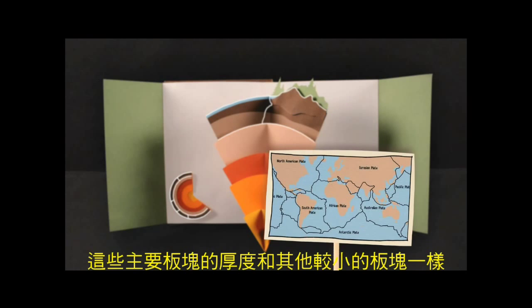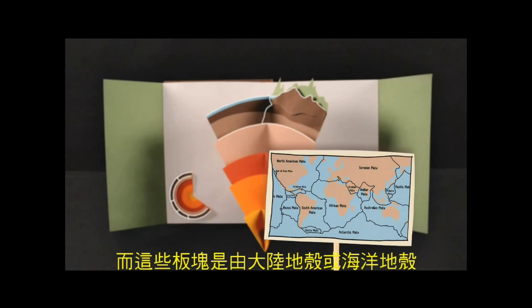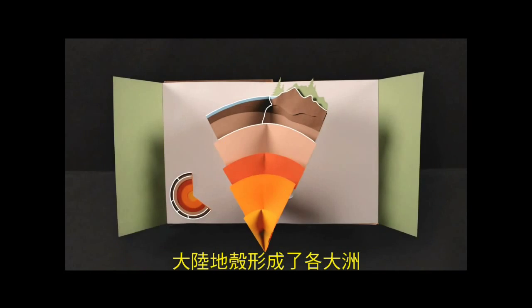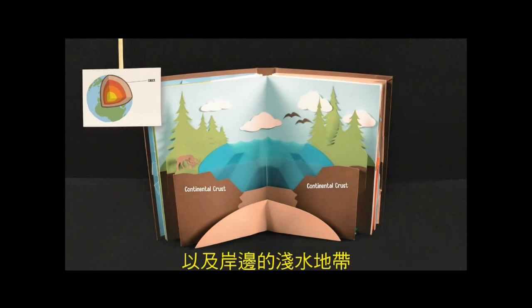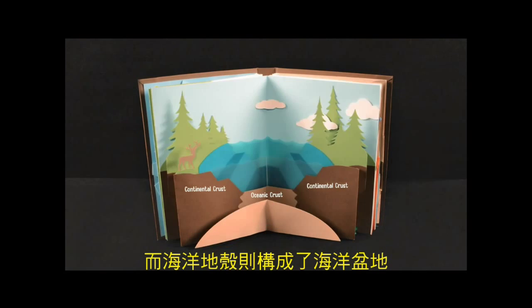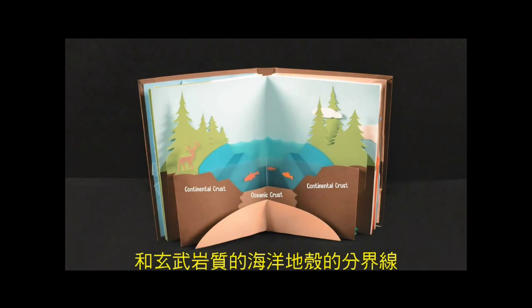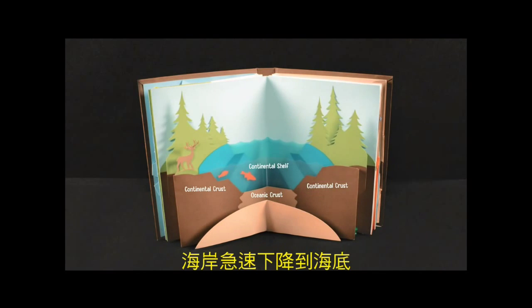Like the other smaller tectonic plates, the primary plates are about 100 kilometers thick, and are composed of one or two layers, continental crust and oceanic crust. Continental crust forms the continents and areas of shallow water close to their shores, whereas oceanic crust forms the ocean basins. The transition from the granitic continental crust to the basaltic oceanic crust occurs beyond the continental shelf, in which the shore suddenly slopes down towards the ocean floor.